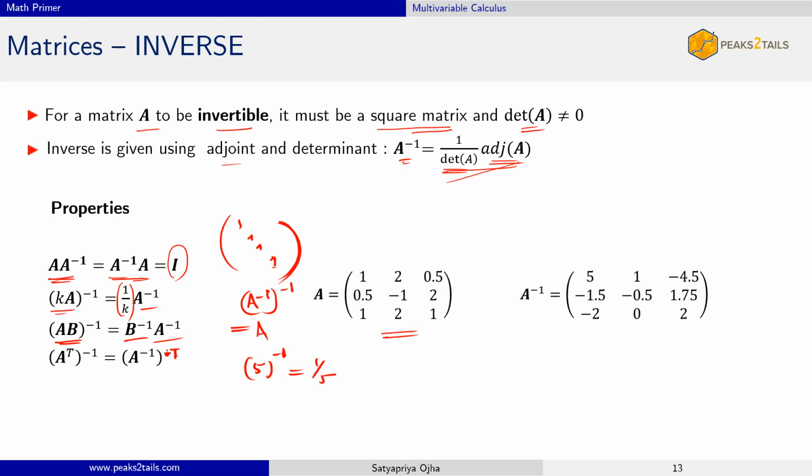Okay. So that's inverse. Inverse is extremely important. Why? Those who are interested in use cases: in case of solving a system of linear equations, which we will do a little bit later, you use the matrix inverse.